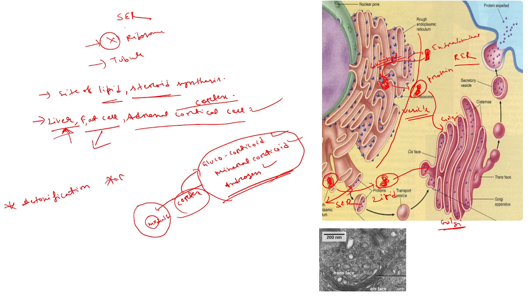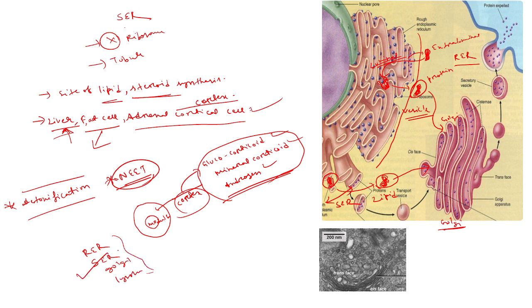It is a NEET question. Many times it will be asked: which organelle helps in detoxification? The answer will be endoplasmic reticulum. But if the options are rough endoplasmic reticulum, smooth endoplasmic reticulum, Golgi, lysosome, then the answer will be smooth endoplasmic reticulum. The smooth endoplasmic reticulum has one more extra function: it helps in detoxification.